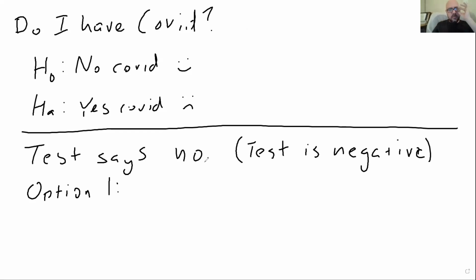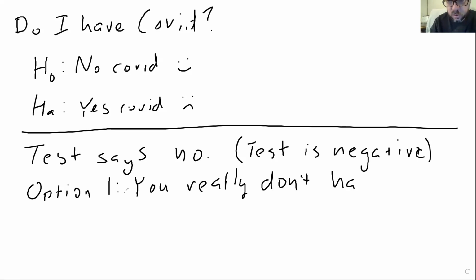Option 1. You actually don't have it, right? Fantastic, right? You really don't have it. Correct. It's a correct negative. The test was negative. You are negative.